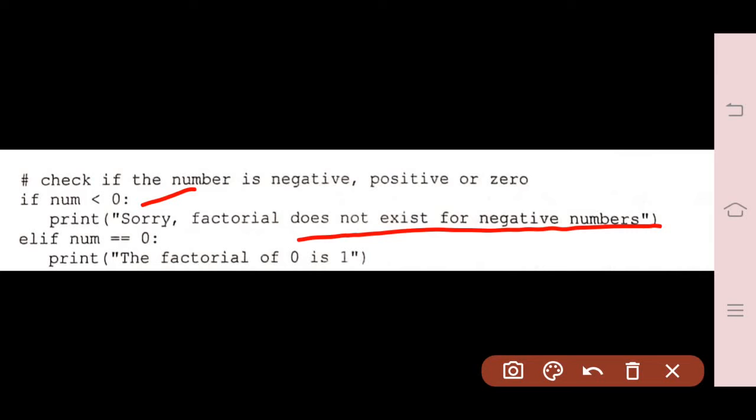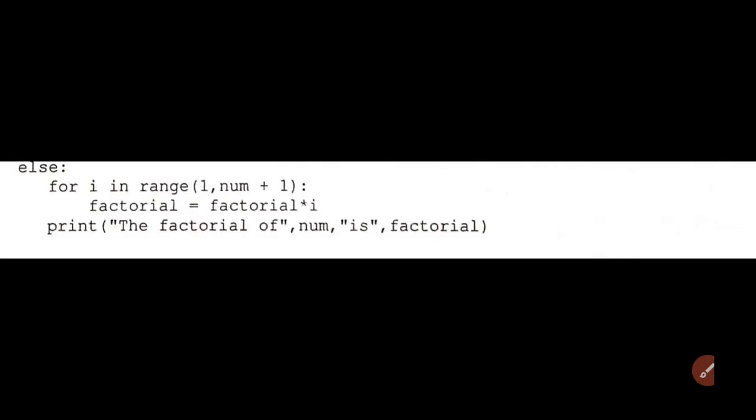Then if num equals 0, which means the entered number is 0, you will get 1 as the result, which means the factorial of 0 is always 1. Here comes the else part. When we enter a positive number, the else part alone gets executed.